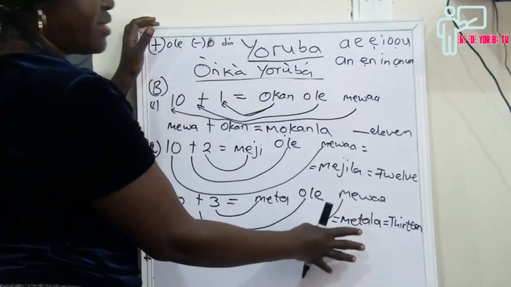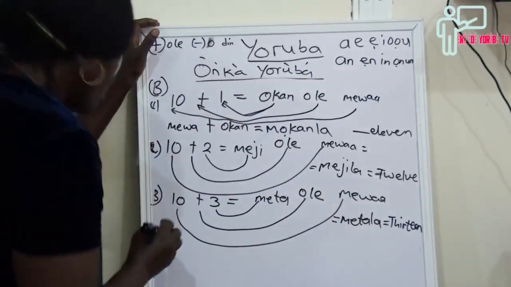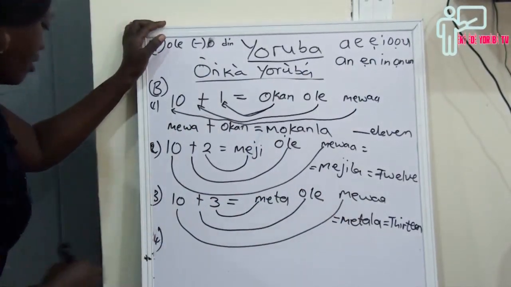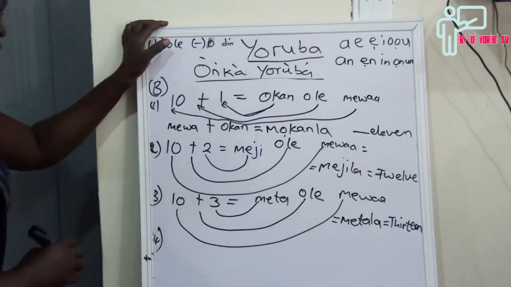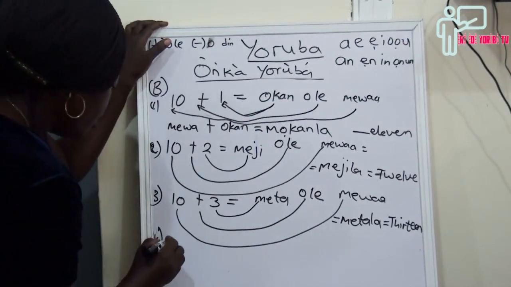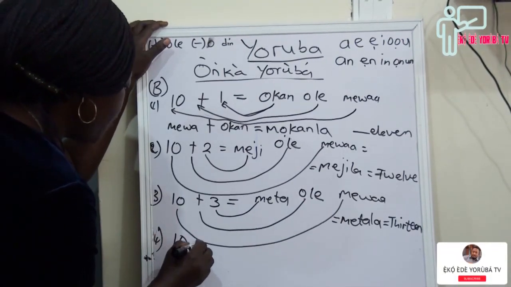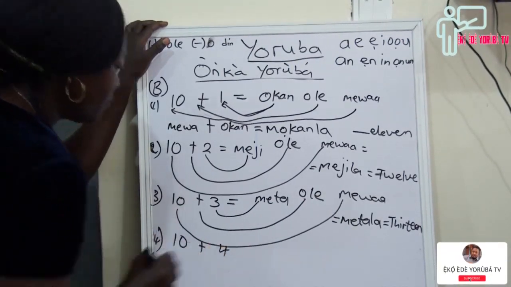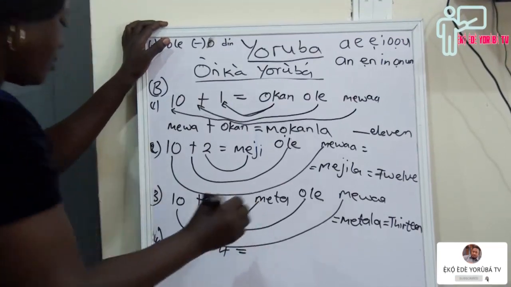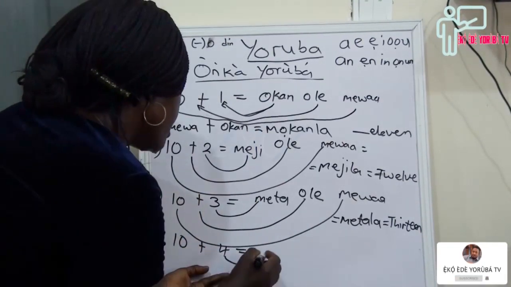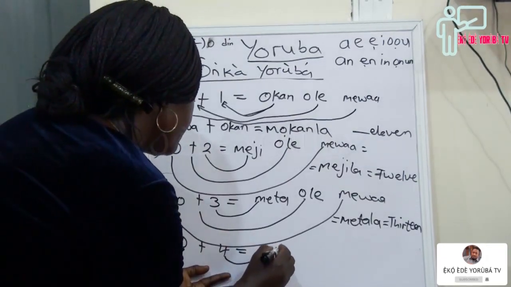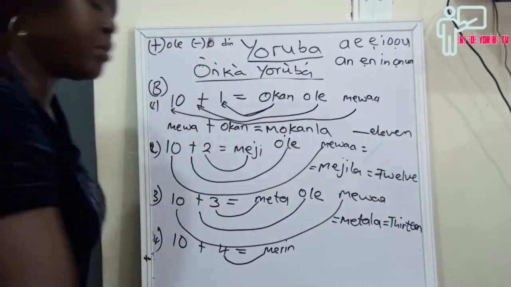So I will still rewrite it in order for you. So this one now, let's say number 4. So this one is 10 plus 4. Now look at it. You are going to use the same method.